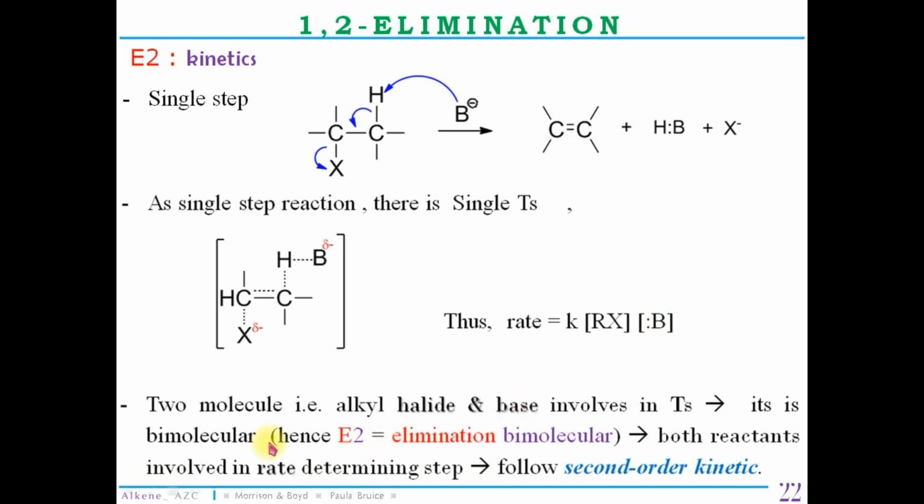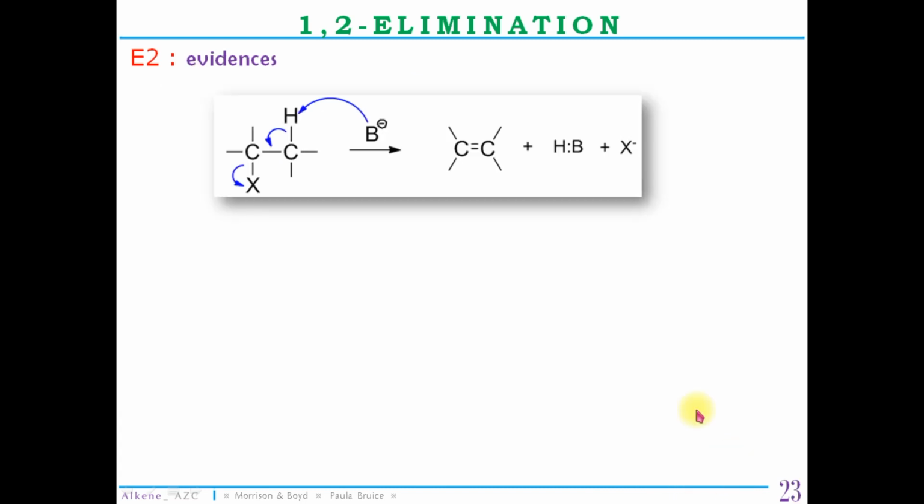Therefore it is a bimolecular reaction, as two molecules, alkyl halide and base, are involved in the transition state. It is a bimolecular reaction, hence it is E2, elimination bimolecular reaction. Both reactants are involved in the rate limiting step, therefore the reaction follows second order kinetics.